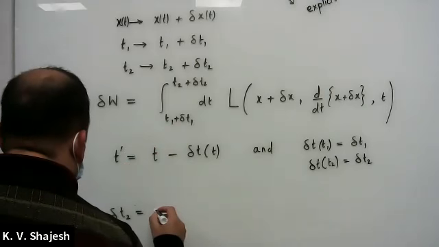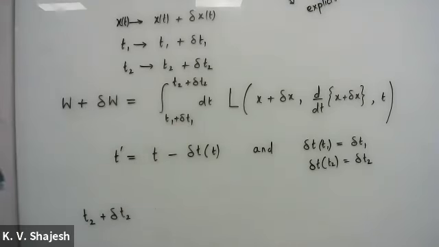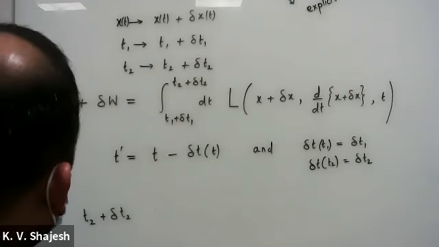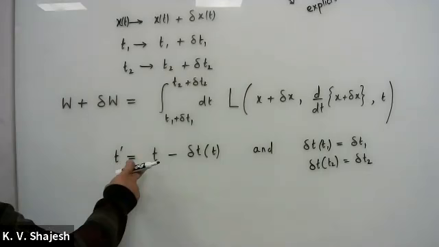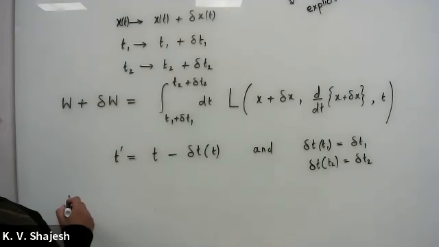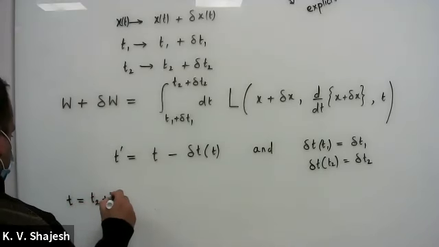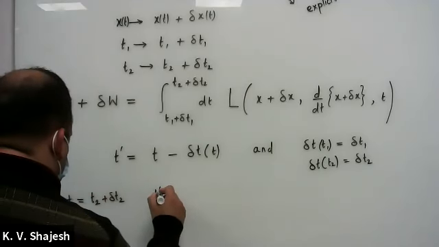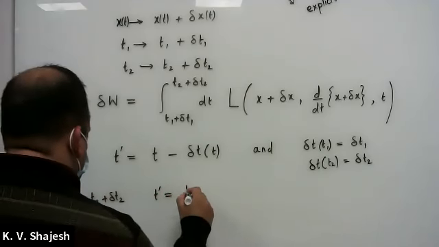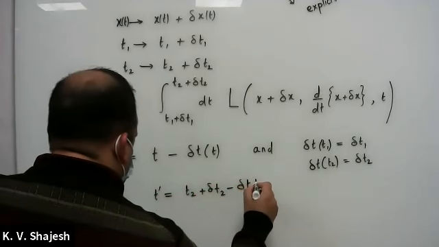When t is equal to T2 plus delta T2, t prime is equal to T2 plus delta T2 minus delta t of T2.